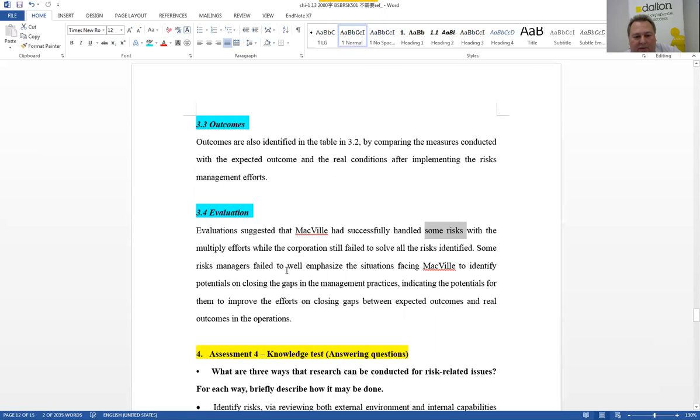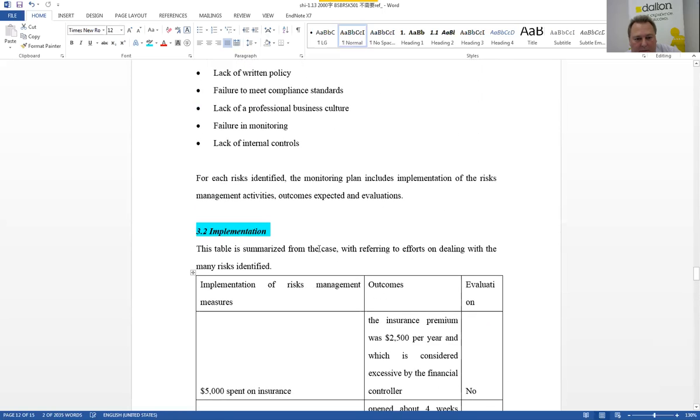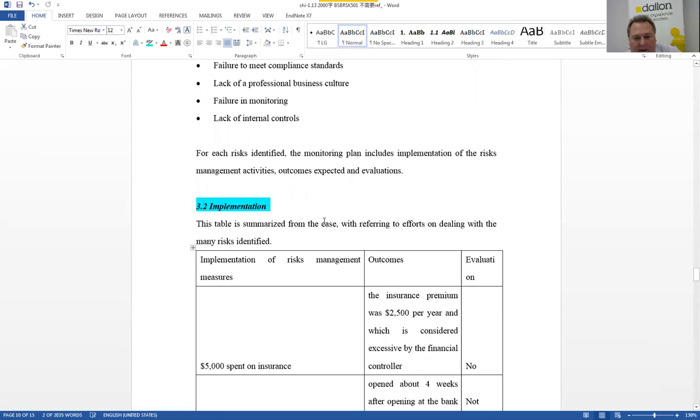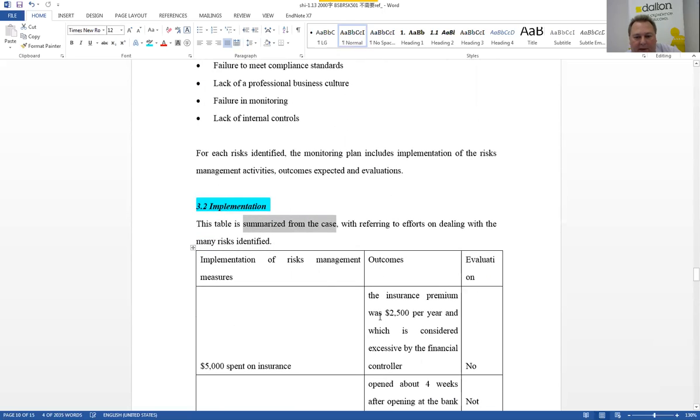Some risk managers failed to emphasize situations facing McVille to identify potentials on closing the gaps in the management practices, and so on. So there's my evaluation, there's my outcomes, my table from the case study, don't forget, task 1, referring to efforts of dealing with many risks identified. So that part's my implementation bit.